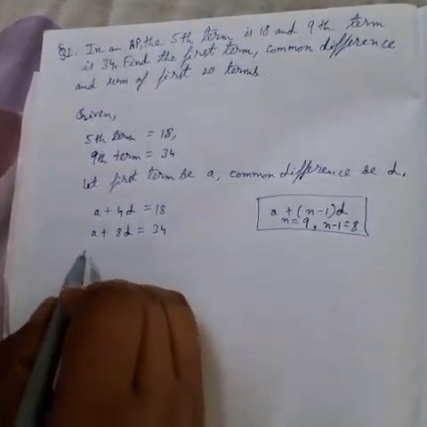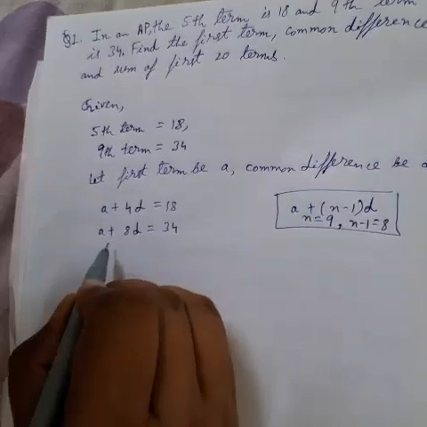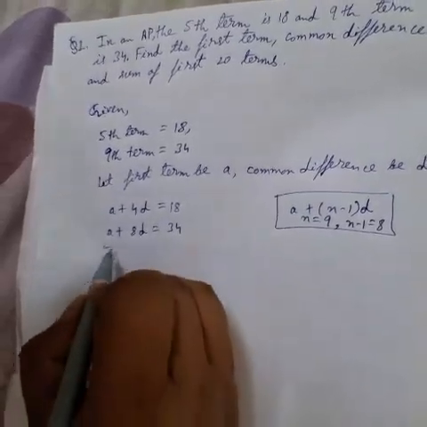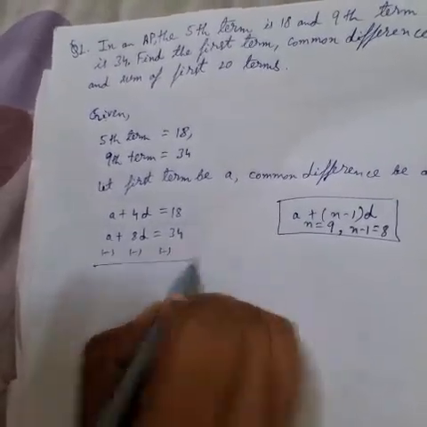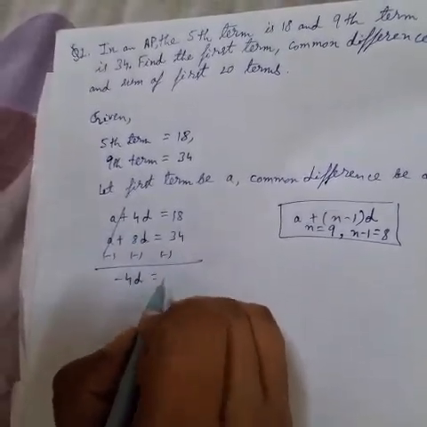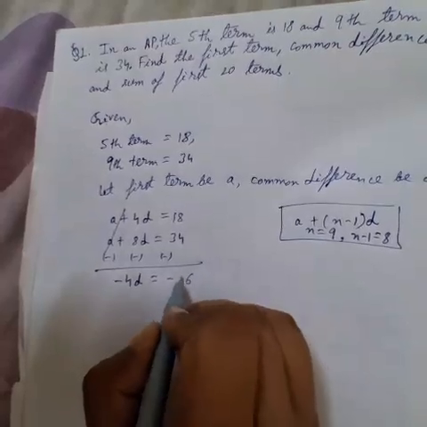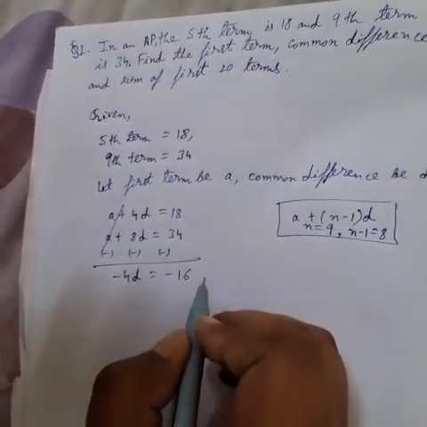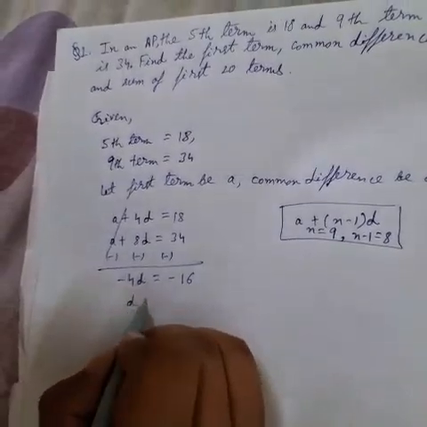So here we get another simultaneous equation, and in order to solve it we subtract: minus 4D equals minus 16, if I am not wrong. Yeah, it is 16.